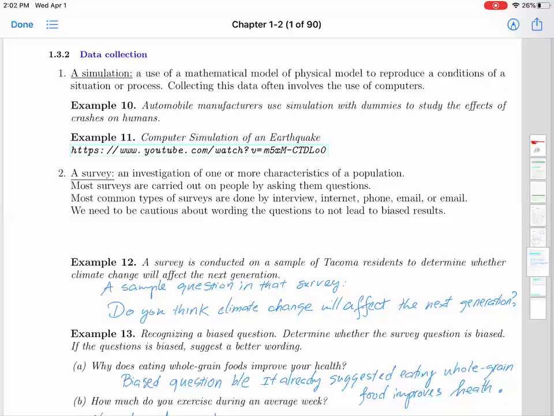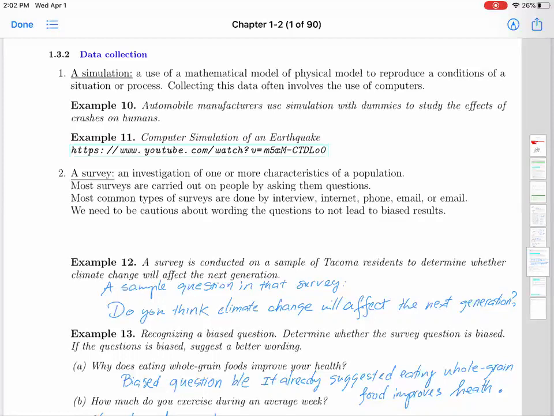The next part of section 3 of chapter 1 discusses how data are collected. Data are collected using different methods. The first method that you can use is called simulations.